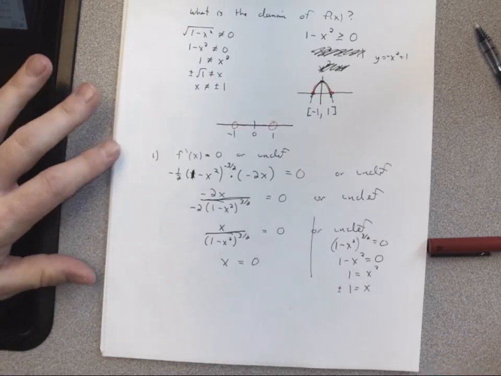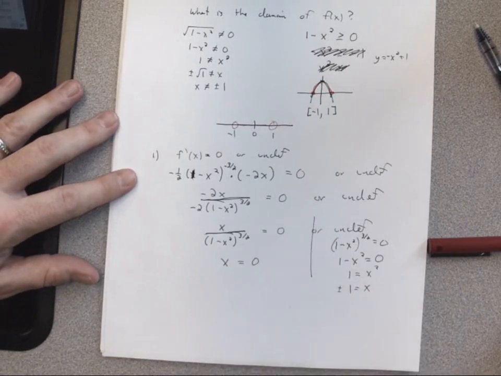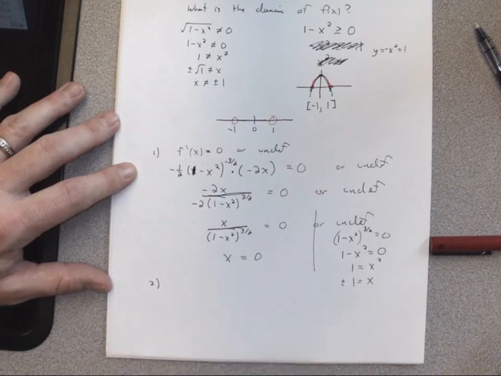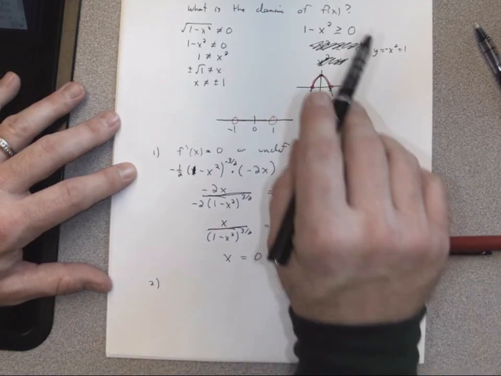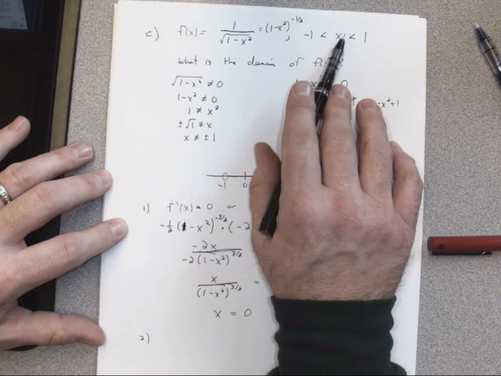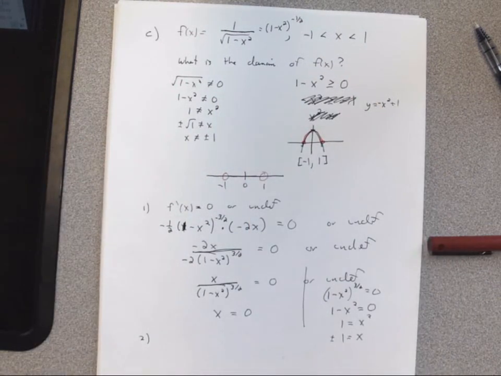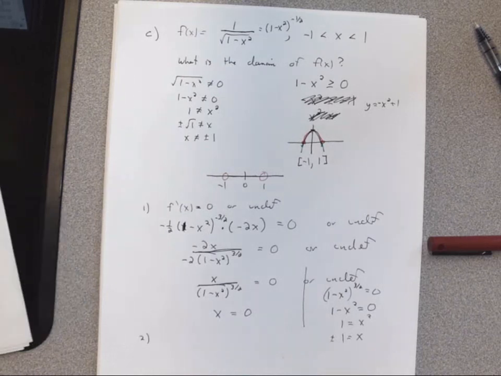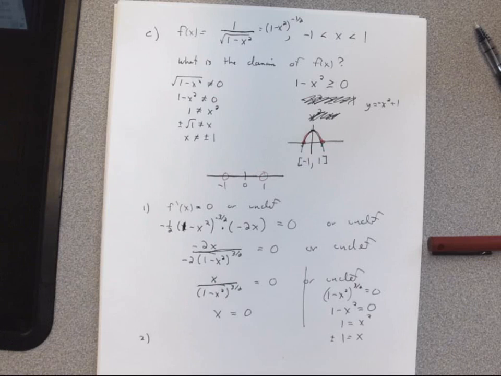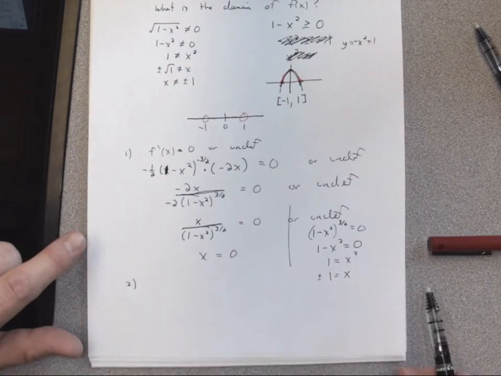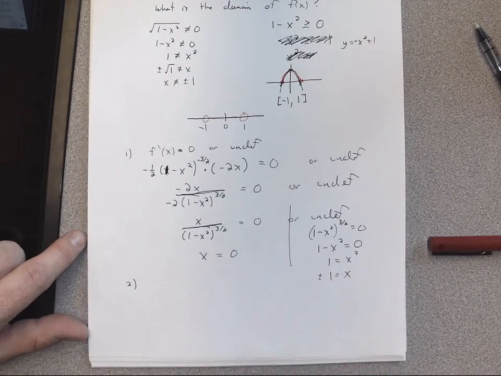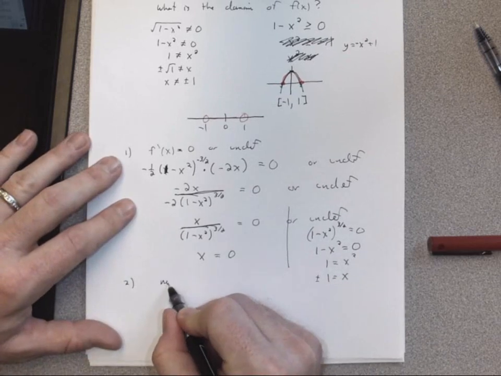So these are the candidates for local maxes and local mins. It doesn't have endpoints because it's on an open interval, going from -1 to 1. That was our domain. So the only possible extreme value is going to be at 0, and we'll have to see what it looks like from there.